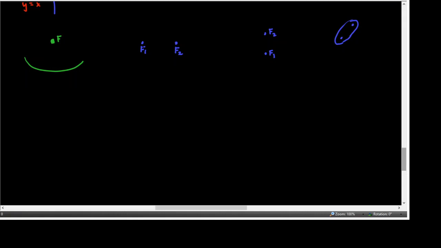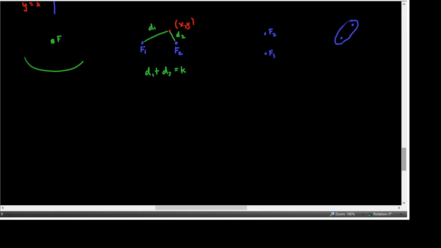So anyway, every point that's on the ellipse, let's say this point right here, has coordinates x, y, and the thing that makes this an ellipse is that the distance from one focus to any point, call that distance 1, and the distance from that point to the other focus, let's call that distance 2, the sum of those two distances is equal to some constant.